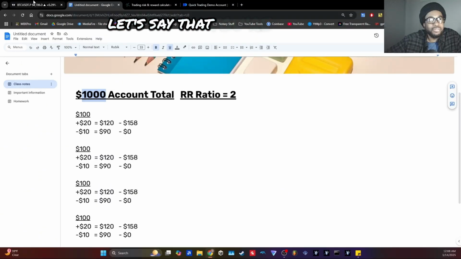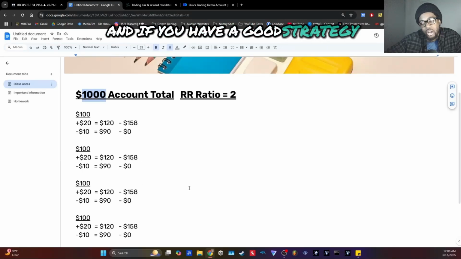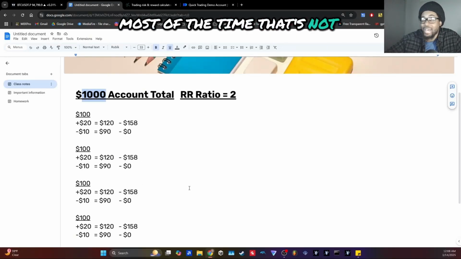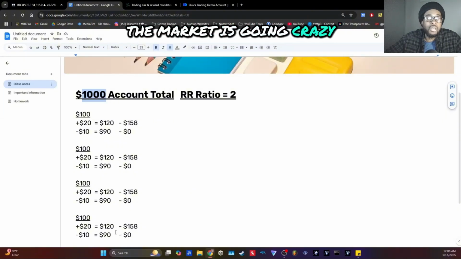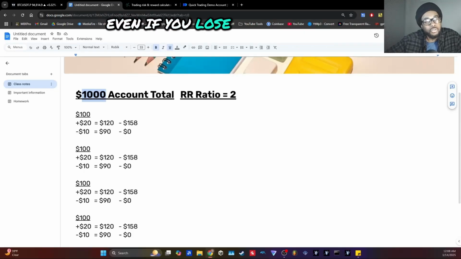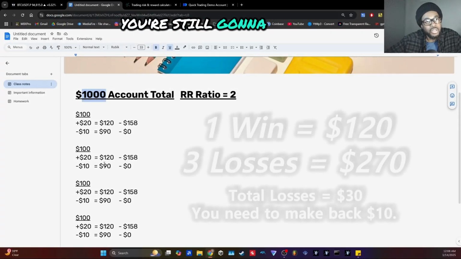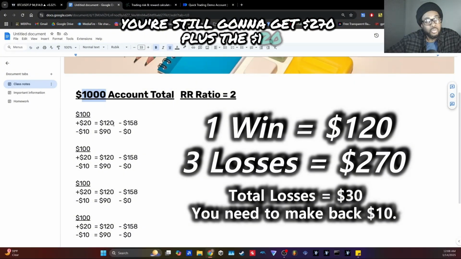Let's say that you're just doing regular trading like this. Let's say that you lose 3 trades, right? If you have a good strategy and you know what you're doing, most of the time that's not going to happen. But let's just say that you're super unlucky. The market is going crazy. You lose 3 trades in a row or something like that. Even if you lose 3 trades in a row, you're still going to get 270 plus the 120.